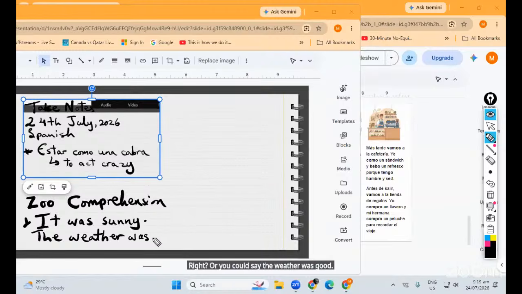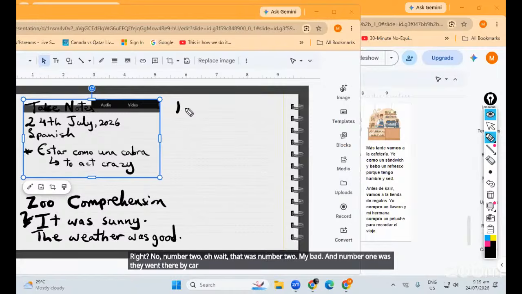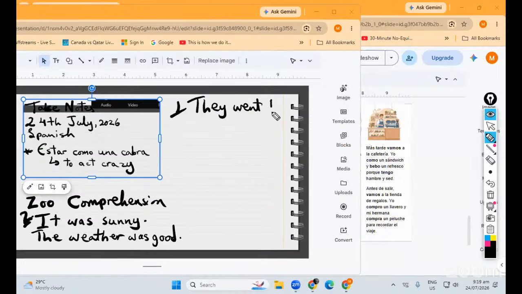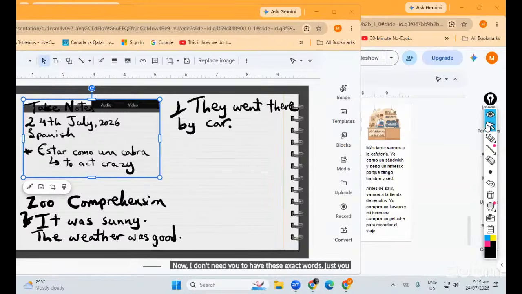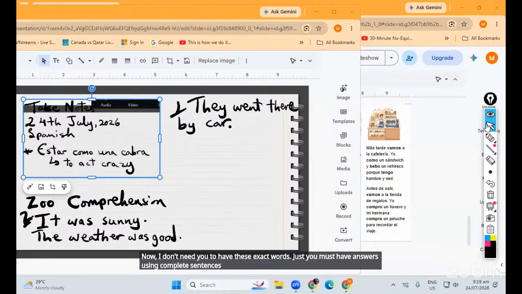You cannot tell me hot, and you cannot tell me it was perfect. Now, number two, oh wait, that was number two. My bad. And number one was they went there by car. So number one is going over here. Now, I don't need you to have these exact words. Just you must have answers using complete sentences to one and two.